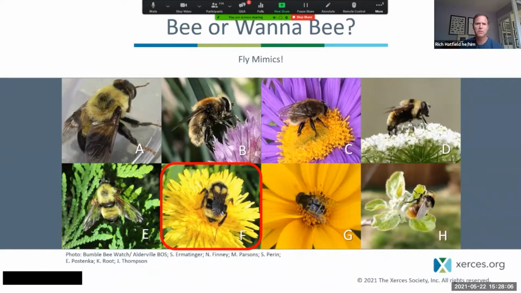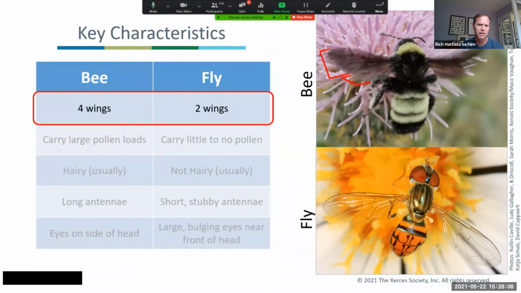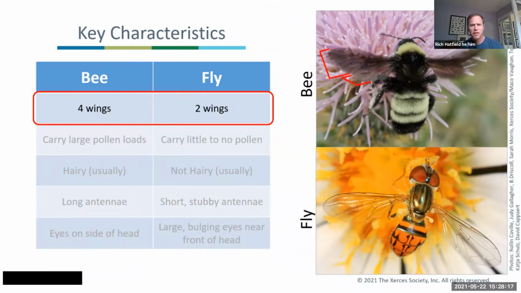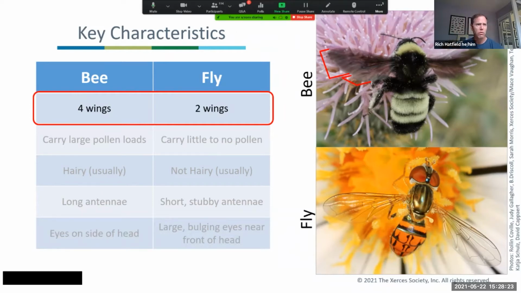So I'm just going to go through quickly how we can tell a fly from a bee. Some of the things that we can look at. One of the things that we look at is the number of wings. How many wings does a fly have versus a bee? Bees have 2 pairs of wings, and flies only have 1 pair of wings. They actually have 2 pairs, but 2 of them are vestigial back here.